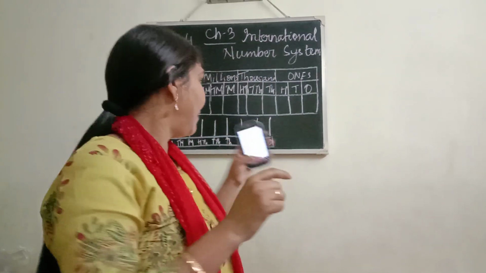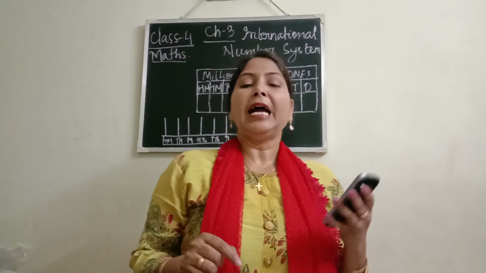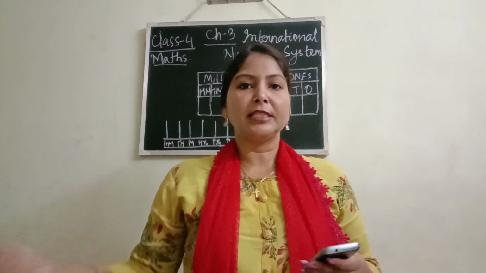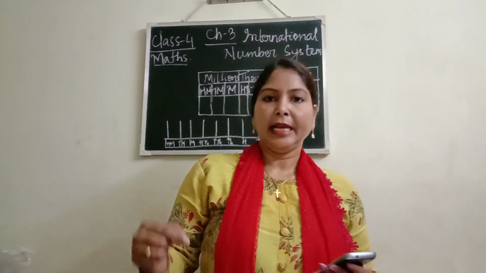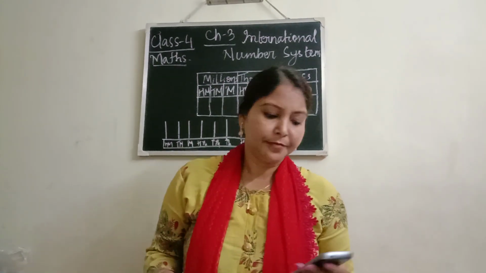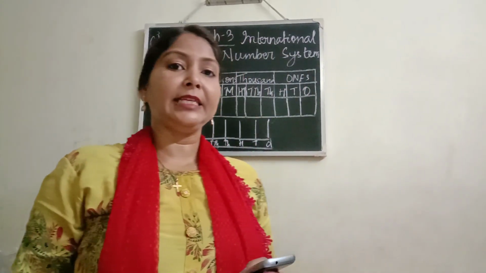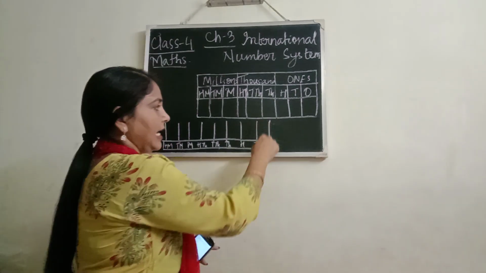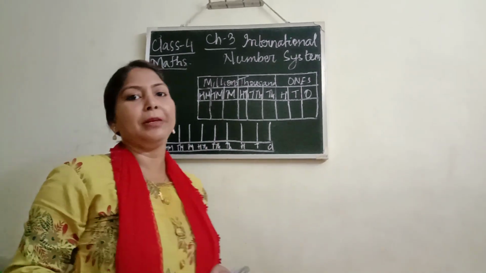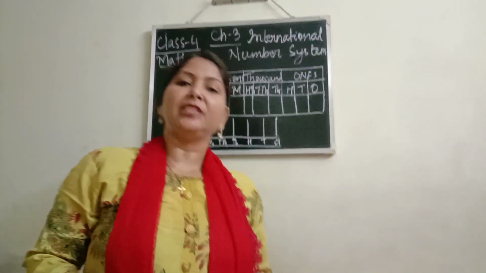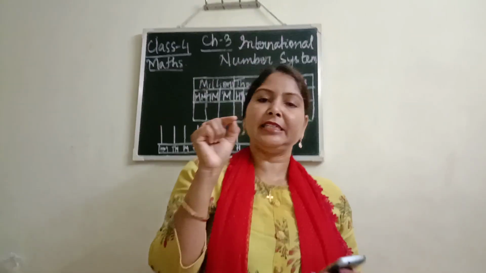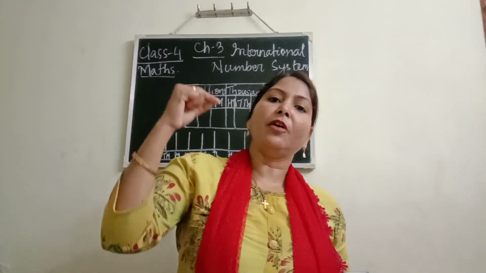You see the abacus is given over there, and this abacus is not the same abacus that we use in the abacus class. Over here each line represents a place value, and in each place value the number of rings represents the digit.